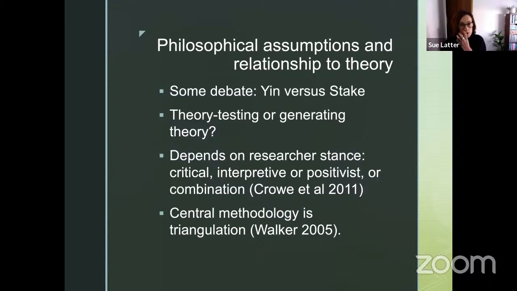On the other hand, Robert Stake is very much about induction and theory generation from rich case study data. The Crowe et al. paper, that should be 2013, I think, says it depends. You can take a critical stance or an interpretive or a positivist stance or a combination of those.